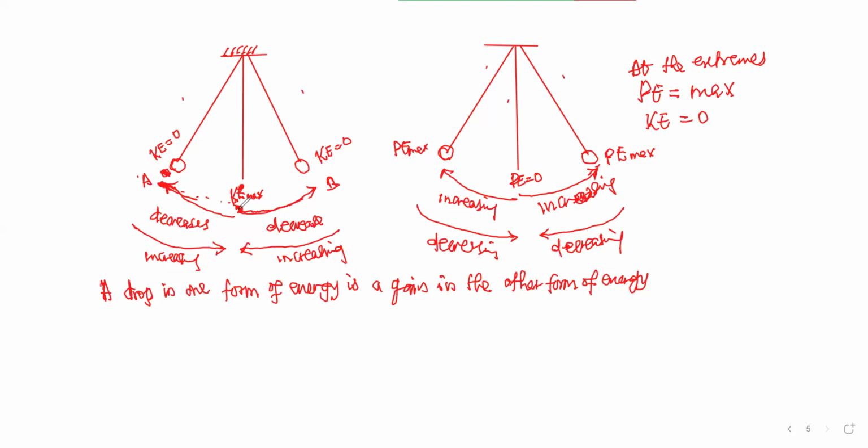By the time we move to the extreme, PE is maximum and KE is 0. So nothing is lost, but it is changed from one form of energy to another. This is the story of conservation of energy for an oscillating body.